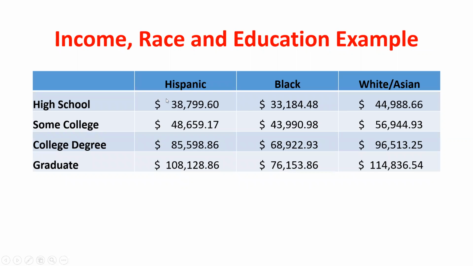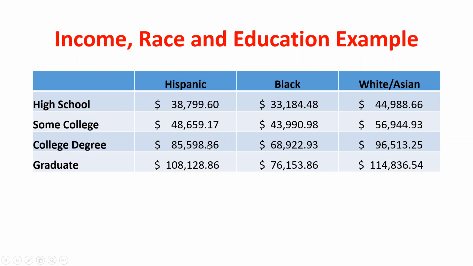So if we look at these different classifications for education and these three racial categories, we can definitely see something. Essentially, I'm saying I'm only looking at people with a high school degree. Yeah, it looks like there is some variation across the different racial groups.